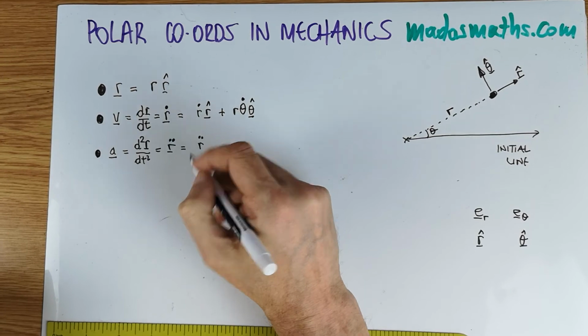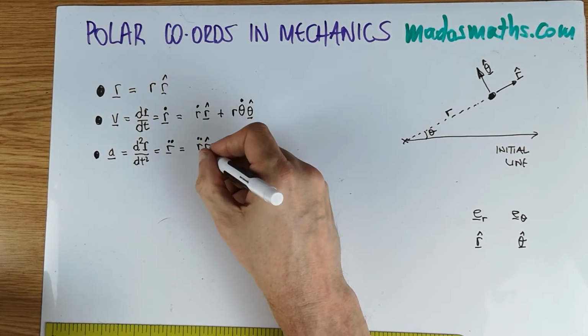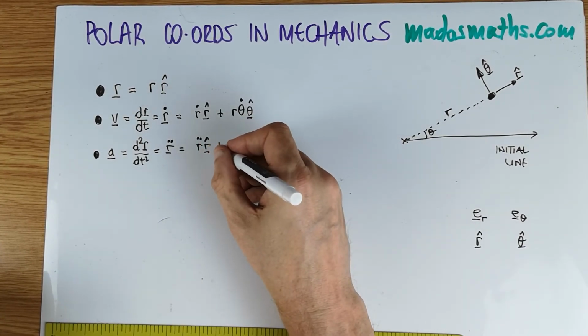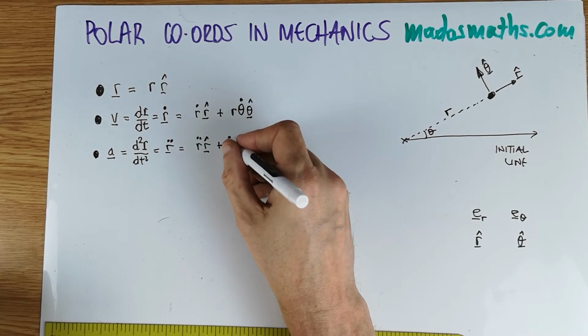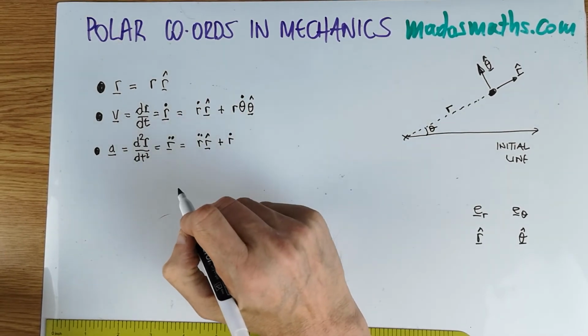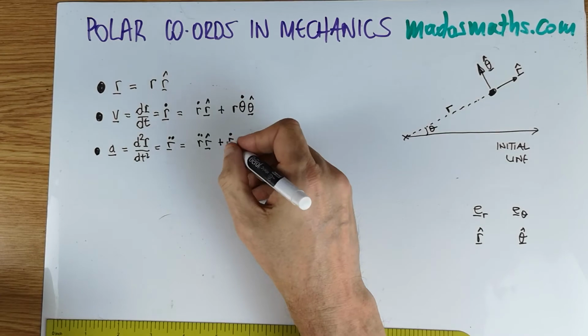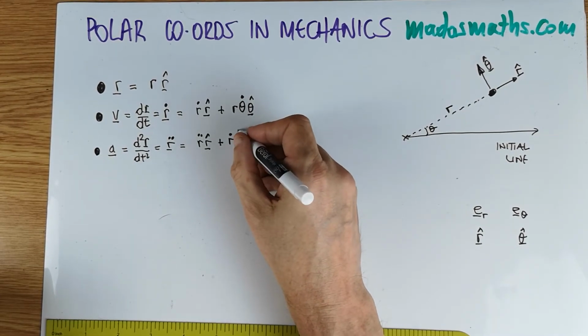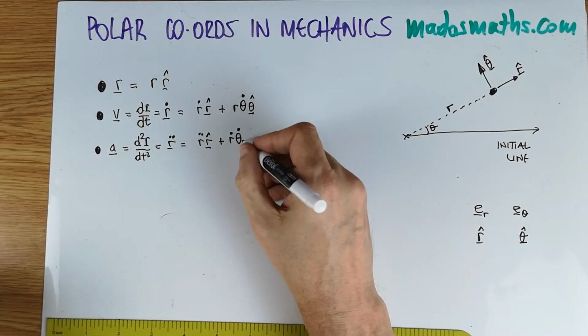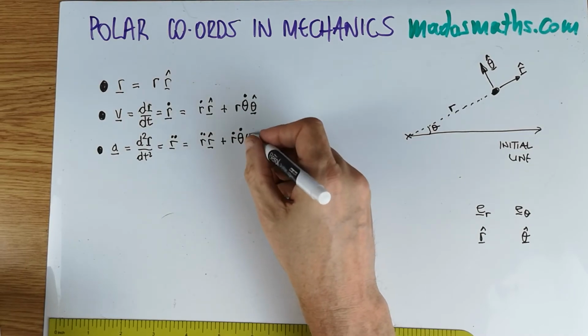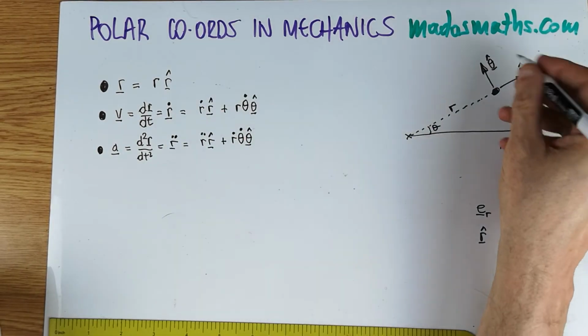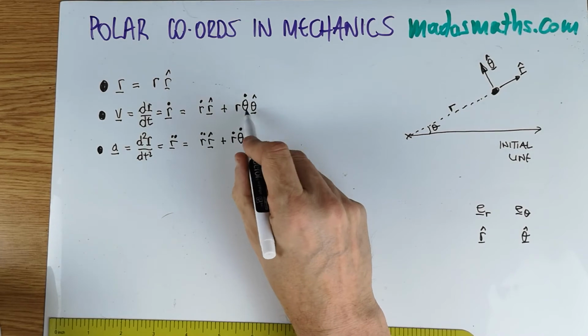That's r double dot in the r hat direction. And now the other way around. Plus, leave the r alone. You're differentiating the r hat. Remember, that's a function of theta. So we're differentiating with respect to time. It will produce a theta dot, and the vector will rotate in the theta hat direction, from r hat into theta hat.